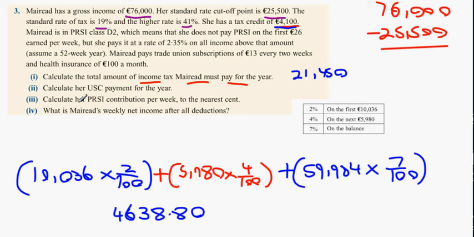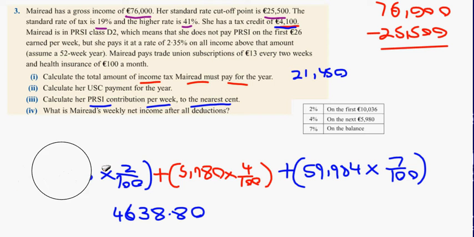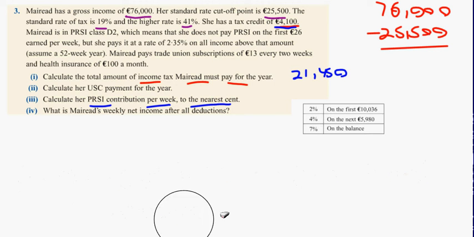Now, calculate her PRSI contribution per week to the nearest cent. So PRSI, she's in PRSI class D2, which means she does not pay for the first 26 earned per week, but she does pay 2.35% on all income above that amount. Okay, so we're going to find out our weekly amount.